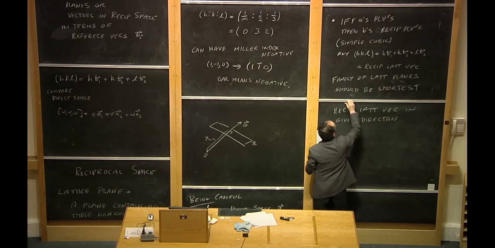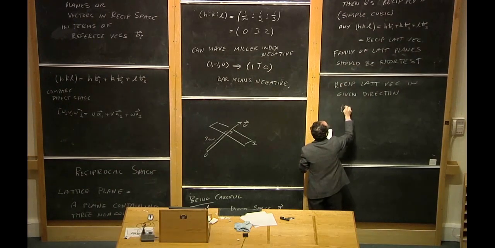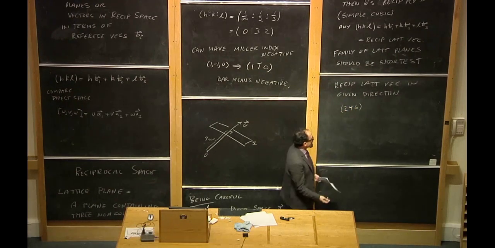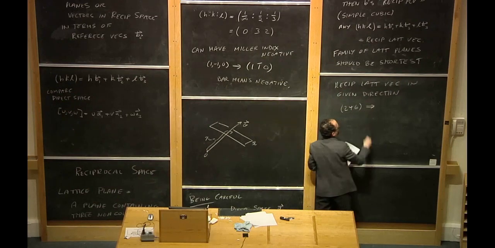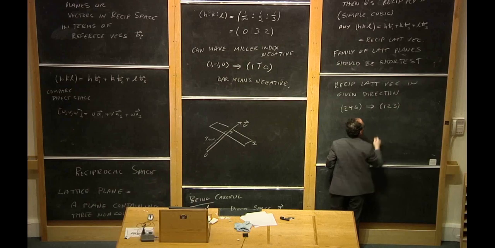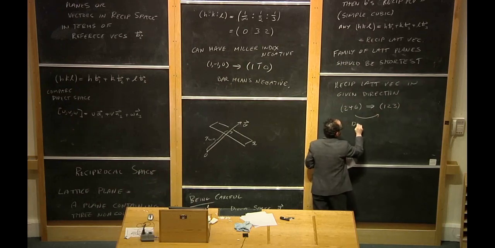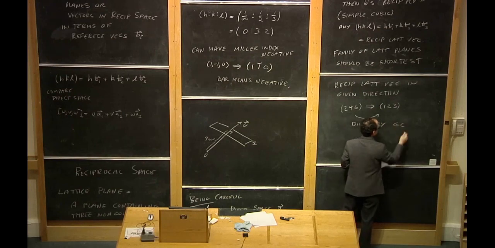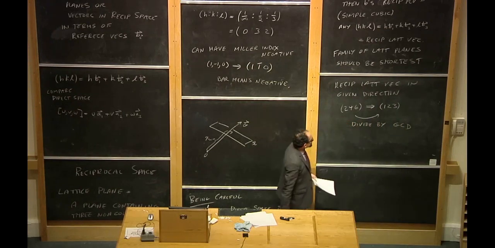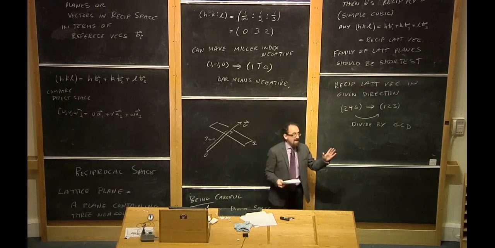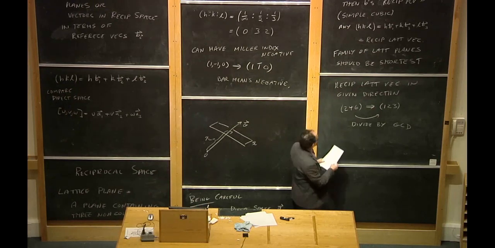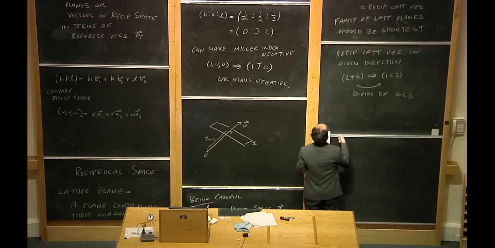So for example, if we're considering the direction 2, 4, 6, the shortest reciprocal lattice vector in that direction for the simple cubic lattice is 1, 2, 3. So you divide by the greatest common divisor. If you want to describe a set of lattice planes, you should always choose the reciprocal lattice vector which is shortest in that given direction.